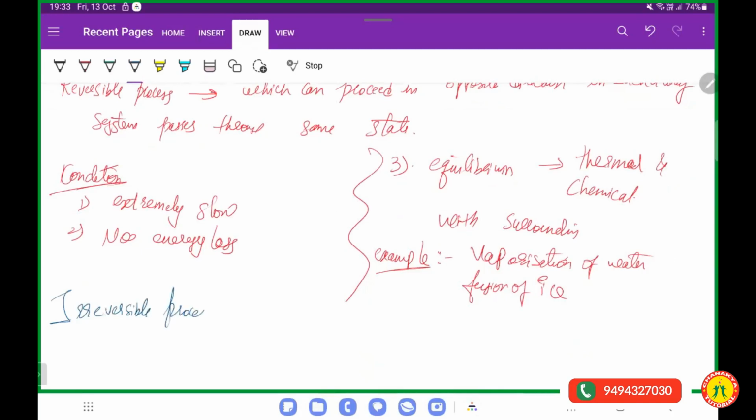Irreversible process, which cannot trace back in the opposite direction.